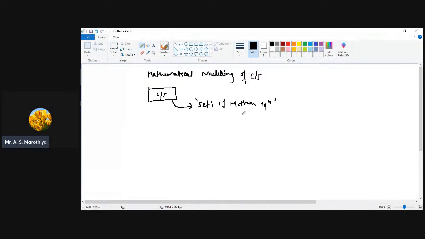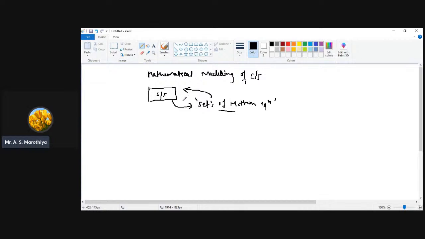It may be integral differential equations or something like that. The thing is that through those sets of mathematical equations we are in a position to define the behavior of the system. That means drawing the system or writing the mathematical set of equations against it, it is the same thing. So that concept is nothing but mathematical modeling.